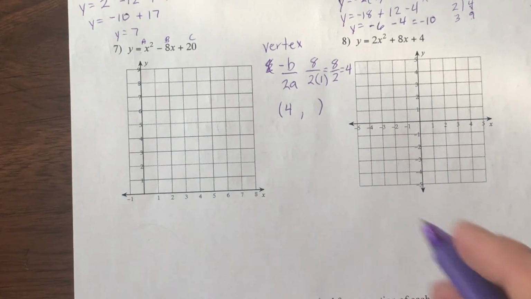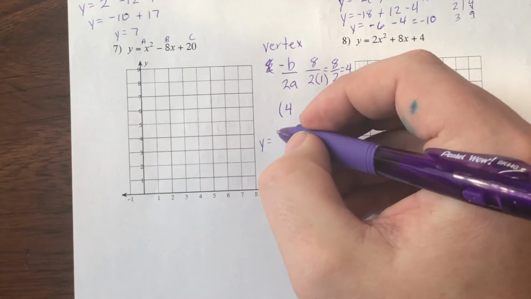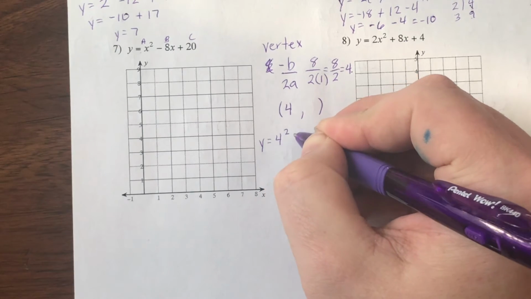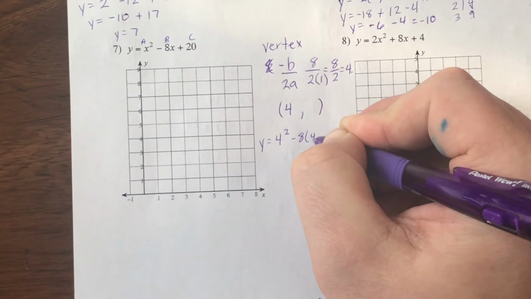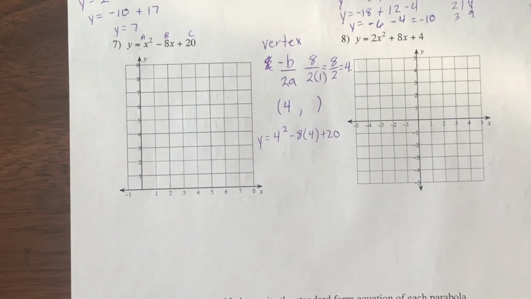Now let's see what the other coordinate would be by substituting that into the original. So y equals 4 squared minus 8 times 4 plus 20. Okay?